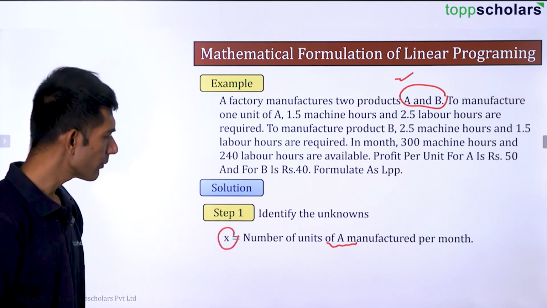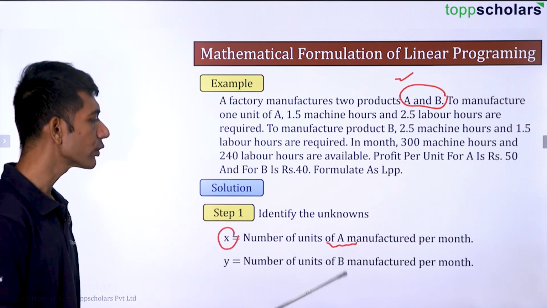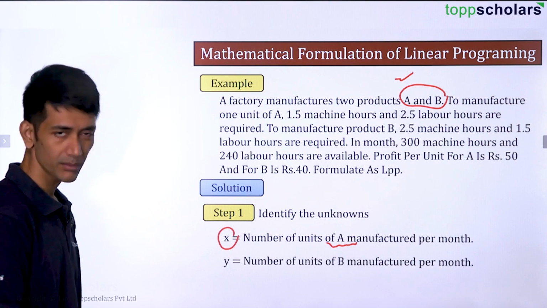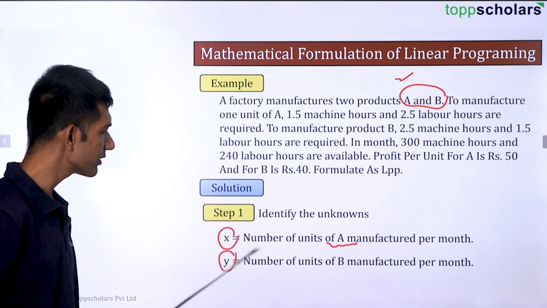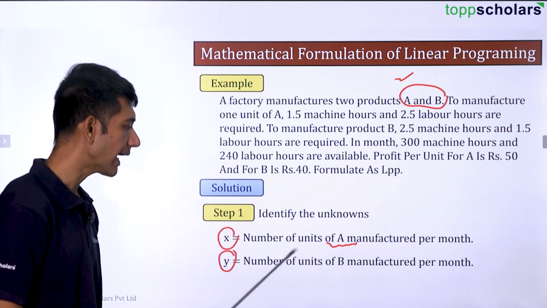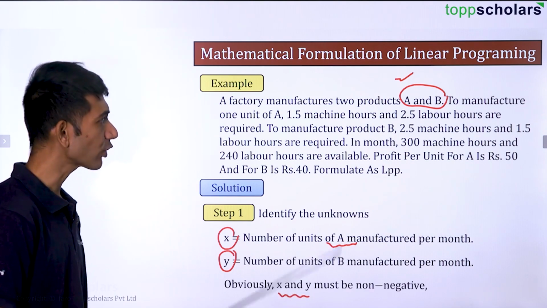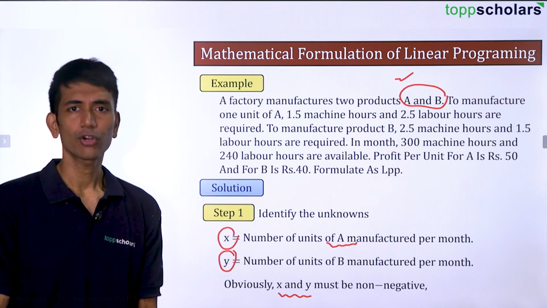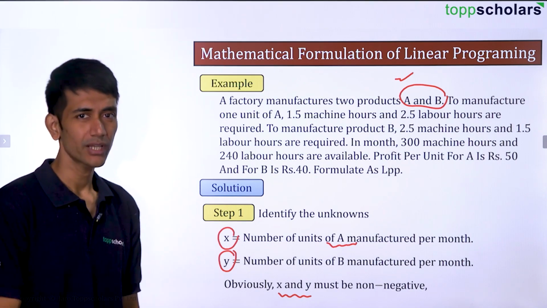Then we have B also, so we can take that as Y. Let Y be the number of units of product B manufactured per month. So we have identified our decision variables X and Y, the number of units of A and the number of units of B. Obviously, since we are talking about products, they cannot be negative. So the non-negativity constraints are X and Y greater than or equal to 0.